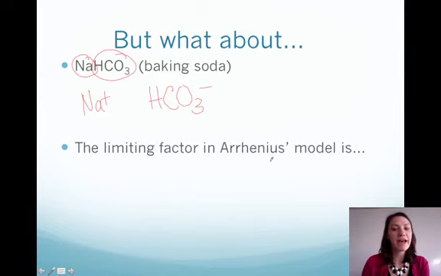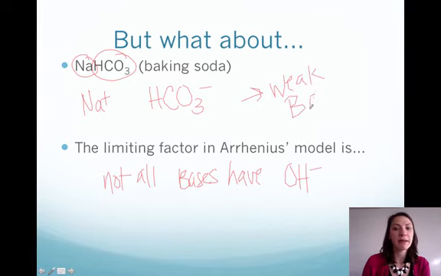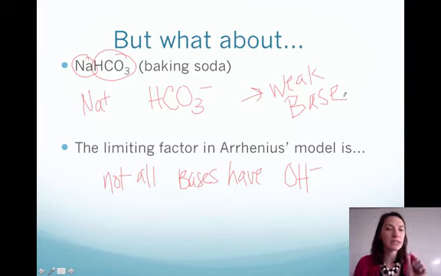So the limiting factor in Arrhenius's model is that not all bases have OH minus. This one actually produces HCO3 minus. This is actually a weak base. Baking soda is a weak base, so it's a little bit basic.